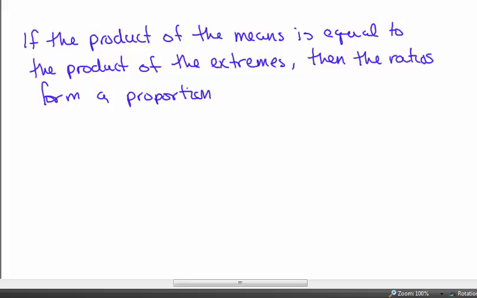Okay, so if I have just some random numbers, what I'm going to get is AD, and multiply my extremes, is equal to BC. Okay, and this is actually called the means extremes property.